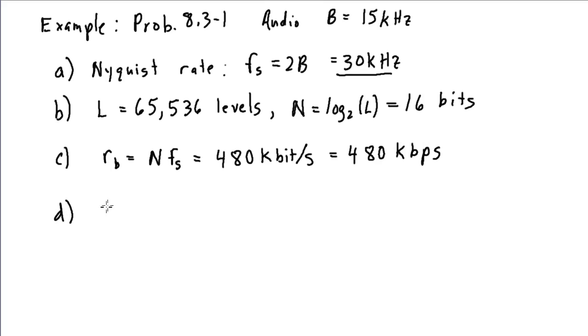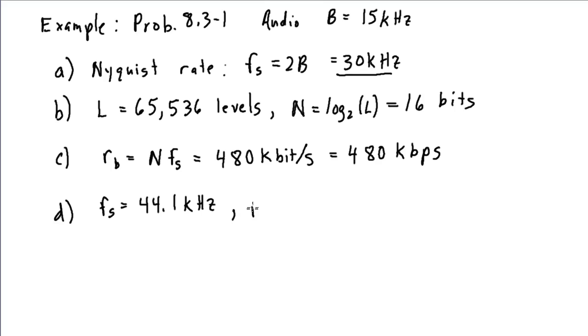In part D, they tell us that the actual sample rate that's used with CD quality audio is 44.1 kilohertz, and they ask for the corresponding binary rate. So with CD, they sample at slightly more than the Nyquist rate. This has a number of advantages. It moves the spectral replicas farther apart, which allows us to have a smaller order low pass filter in order to remove the high frequency replicas.